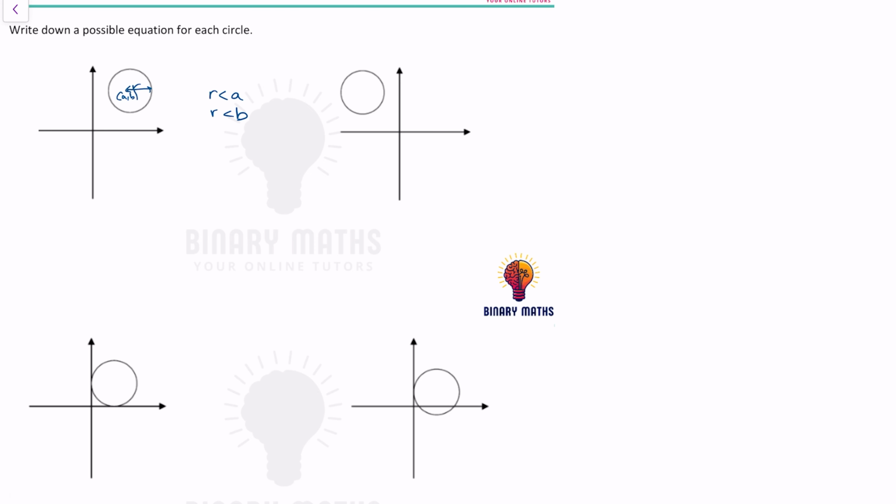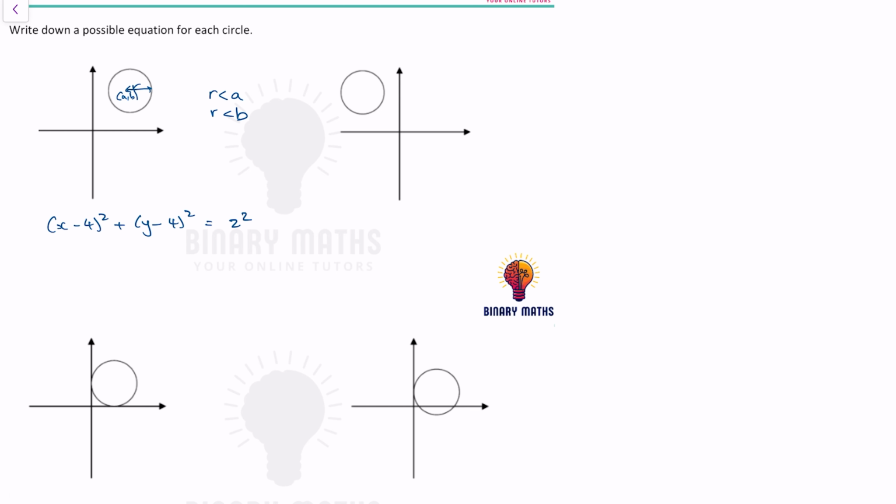So that means it can be an equation of the form x minus 4 squared plus y minus 4 squared is equal to 2 squared, because that would mean the center is 4, 4, and the radius is 2, and obviously 2 is smaller than both 4 and 4, so that would work. Okay, that's one possible solution.